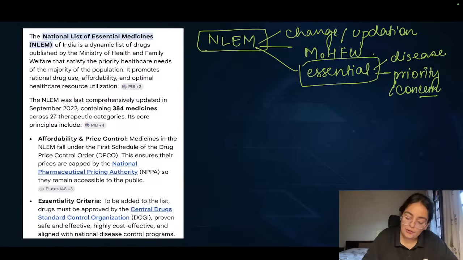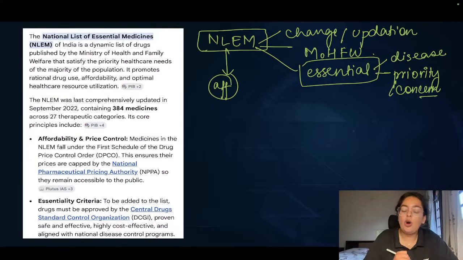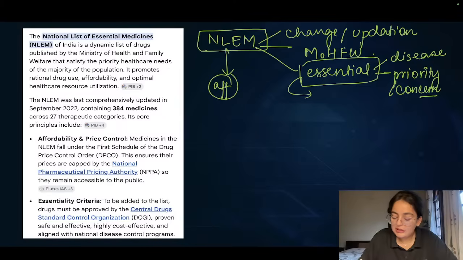What is the agenda of creating a list like this? The agenda is to ensure the constant affordability of these medicines. So for example, if there are 300 plus drugs on this list, these are absolutely essential.